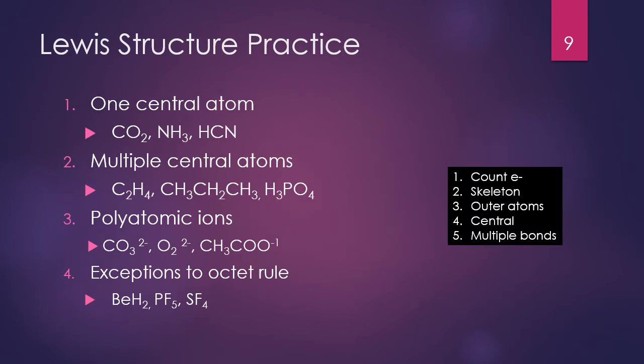So here's some Lewis structure practice that we're going to be doing in class. We will try some examples with one central atom, multiple central atoms, and polyatomic ions. And like you've heard me say a million times already, there's exceptions to everything, and there's also exceptions to the octet rule, so we'll look at some examples where that applies as well.